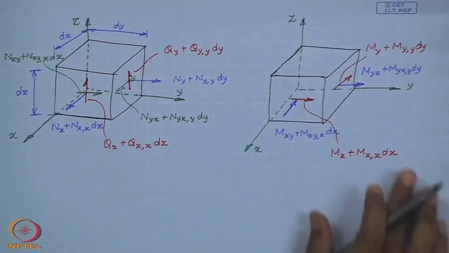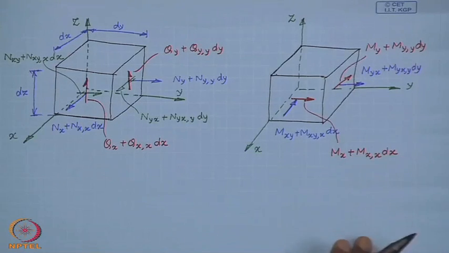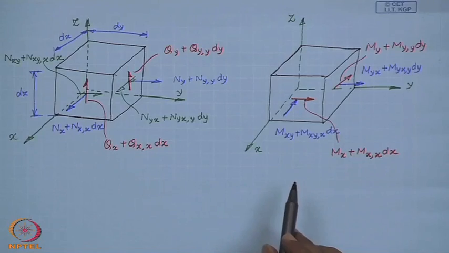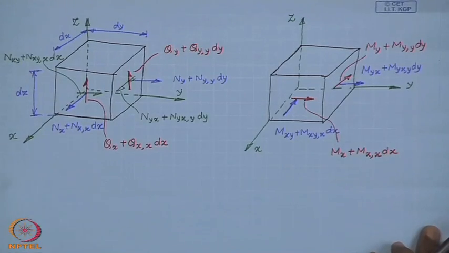So you have these as the moment resultants. We will come back to this figure again.